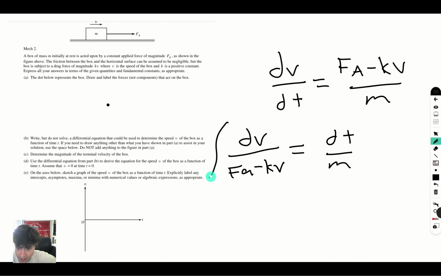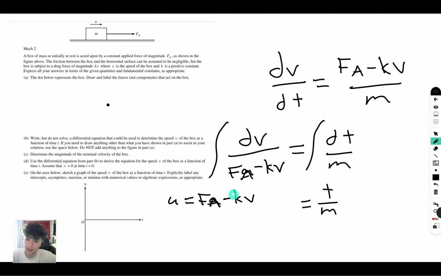Alright, so let's integrate now. Our m is just a constant, so this is just going to be t over m. Our dv, okay, so from here we're going to do a u substitution, where our u is going to be Fa minus kv. We know that our applied force is a constant and our k is a constant, so when we differentiate we get du, that'll be negative k dv.